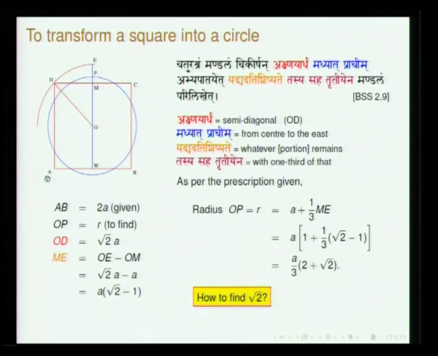Let us look into this diagram ABCD. This is the square and I want to get a circle whose area will be more or less the same as this square. Okay. Akshnayardham madhyat prachim abhyapatayet. Usually they conceive of the diagrams constructed with the directions marked on one edge, as we do in plans and elevations.